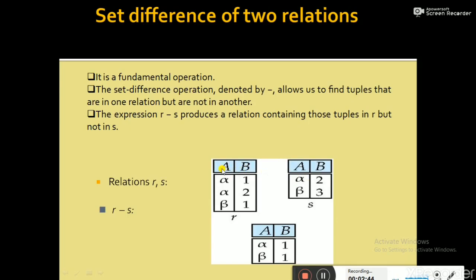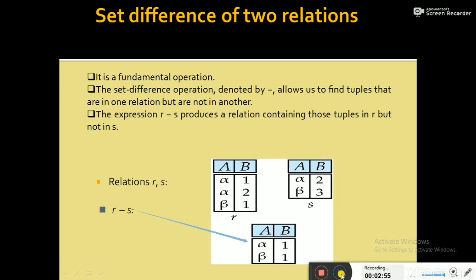Here r and s both have the same number of attributes, and after performing r minus s, we will get this relation. As far as the schema is concerned, it is the same as the schema of r and s. The resultant relation has two attributes, a and b, the same as the parent relations r and s.